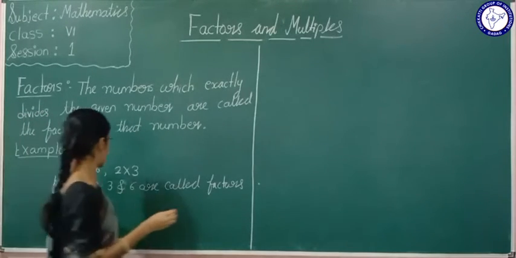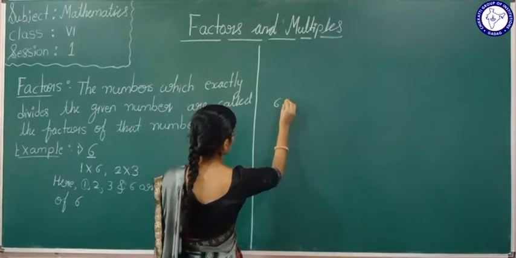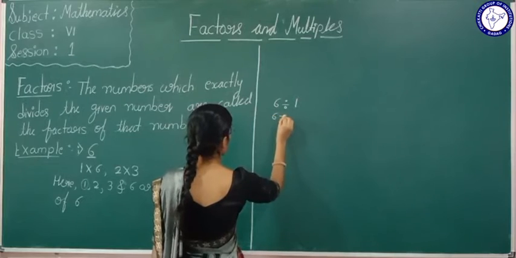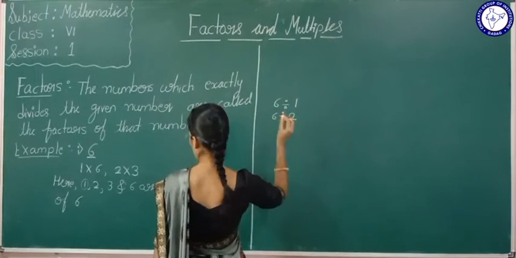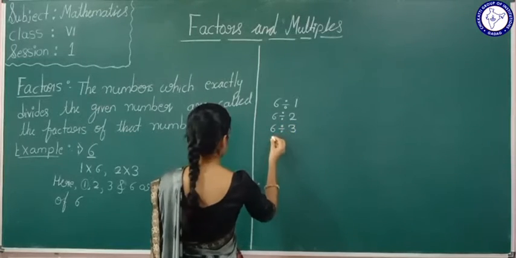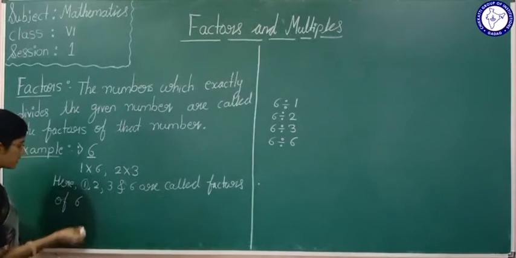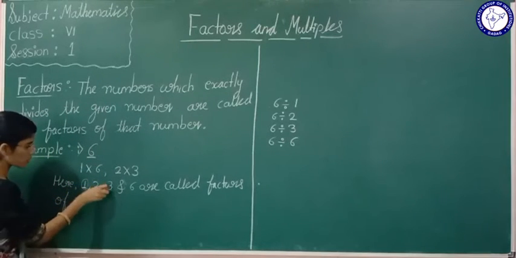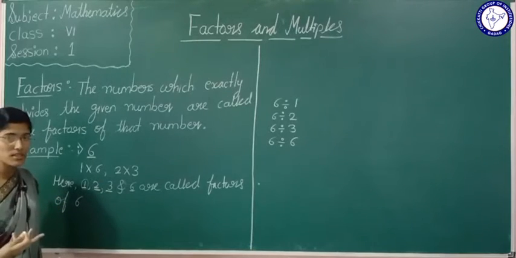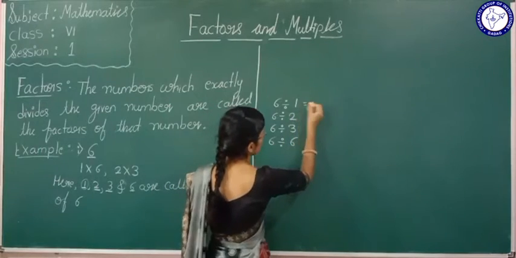Now you do 6 divided by 1, 6 divided by 2, 6 divided by 3, 6 divided by 6. Why am I calling these factors of 6? See here, do the division.